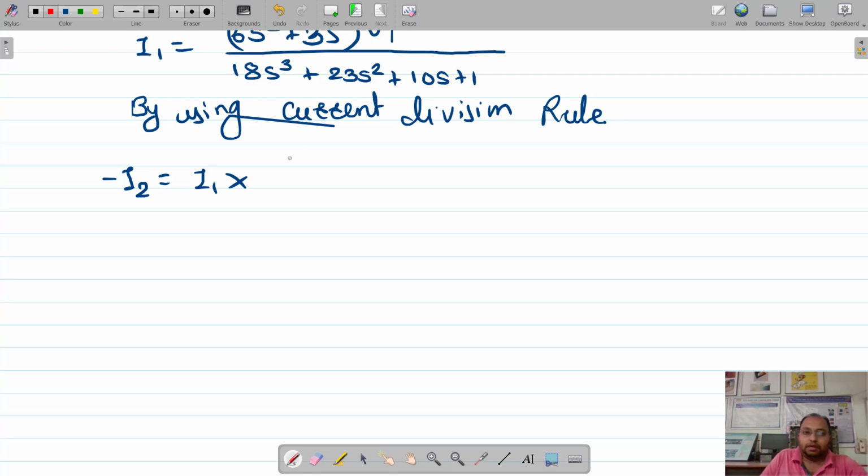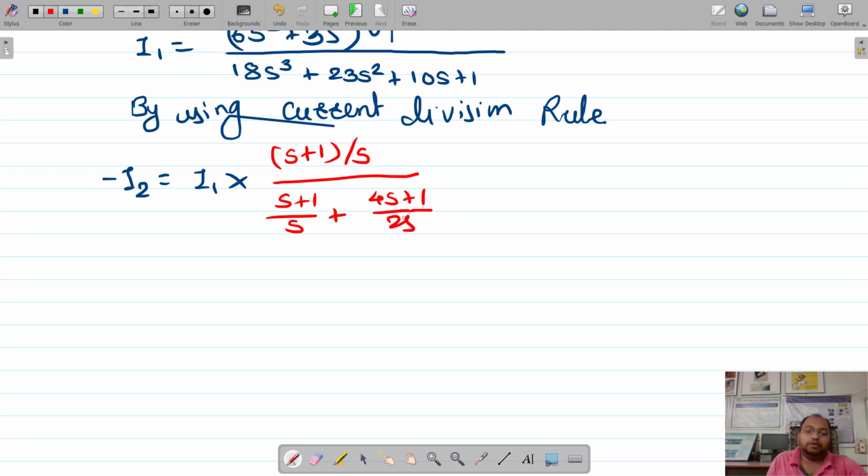Therefore, S plus 1 divided by S is nothing but the opposite branch resistor, and then S plus 1 divided by S plus 4S plus 1 divided by 2S. Okay, fine, great. And now let us replace I1.